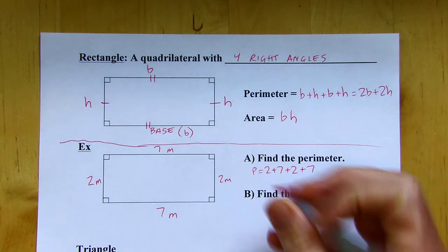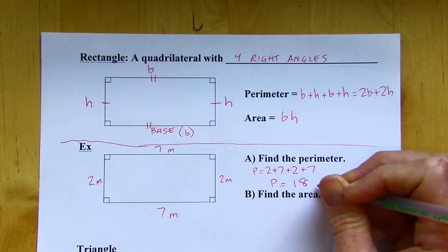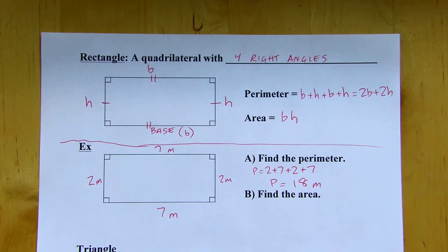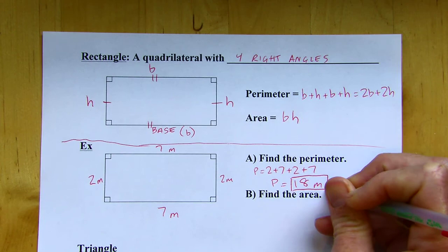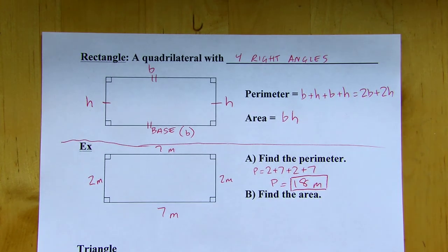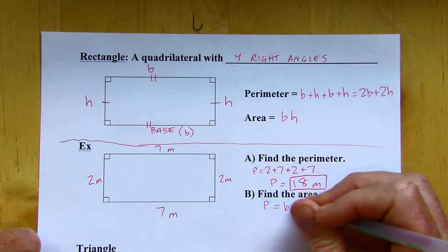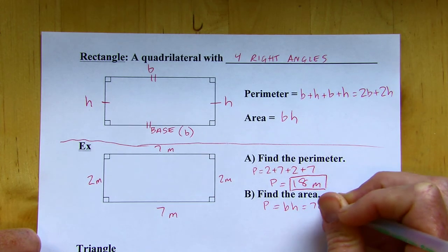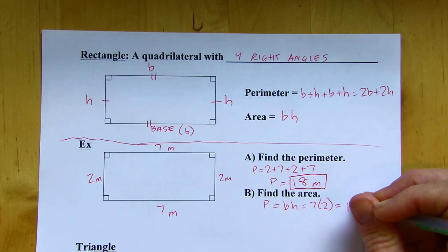So 9 plus 9 would be 18, and then my units are meters. There's my perimeter, okay? Area, I'm just taking 7 times 2, base times height. So that's going to be 14.